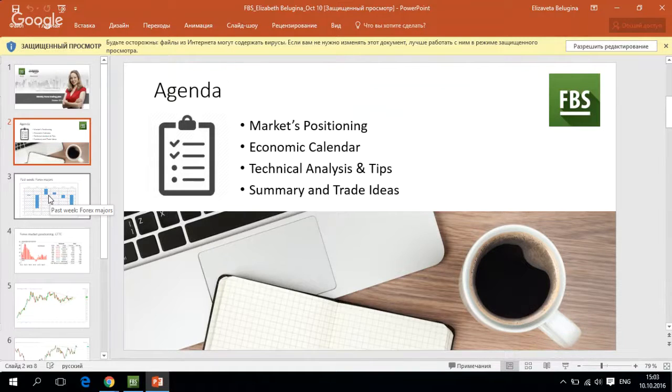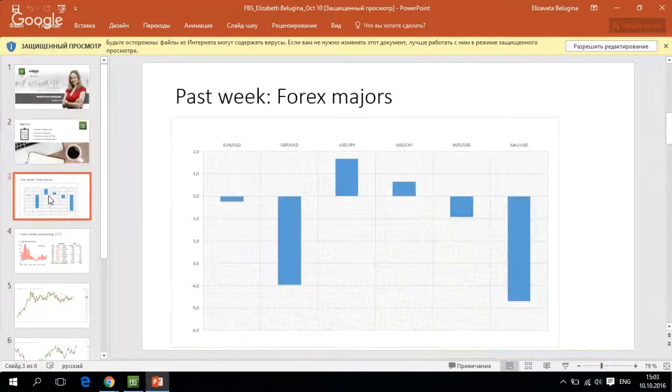So we saw that the past week was a rather volatile week for the market. We can see that there were great moves in GBPUSD, almost 4% decline in the British pound, and also spot gold price made a big move.